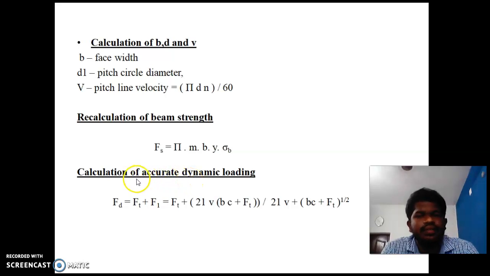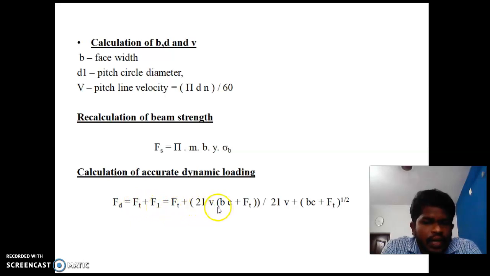For the accurate dynamic loading value, we have the formula Ft plus F1. The values B and C are constants. These constant values are taken from the PSG data book based on the gear life and gear material, and the error in the gears.